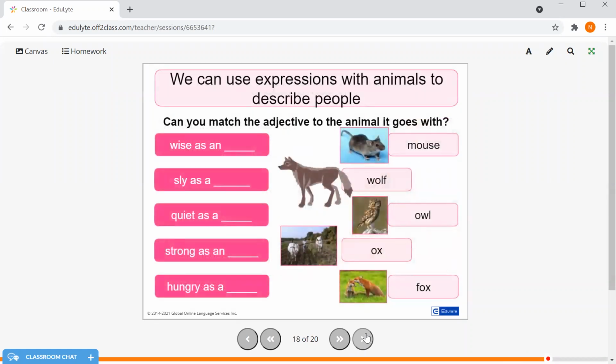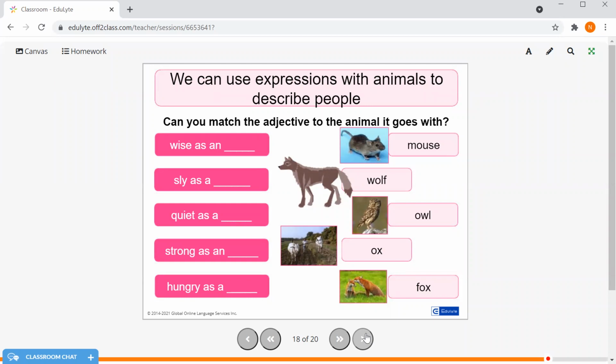Okay. We can use expressions with animals to describe people. So we all use that. So let's understand a few animal expressions that we use to describe human beings. Wise as an owl. So when we say someone is wise as an owl, that person we normally refer to as being very intelligent. Sly as a fox.